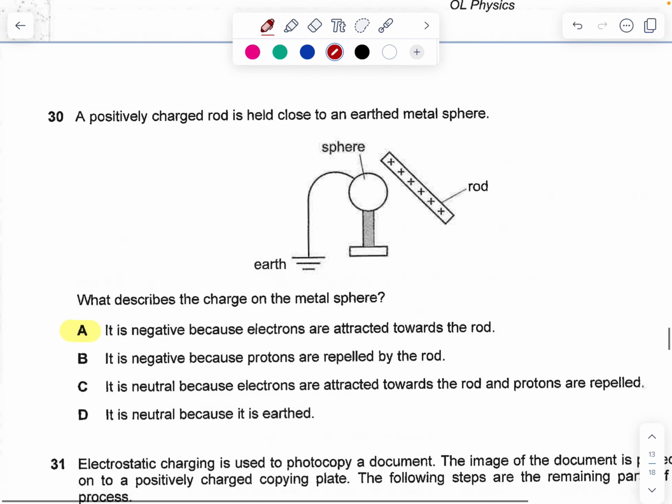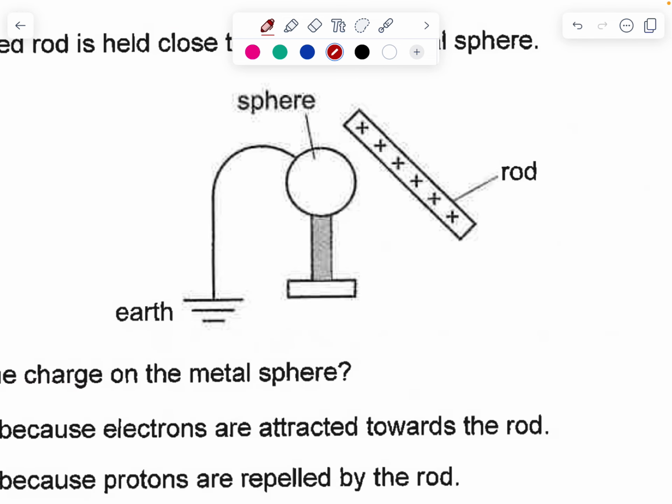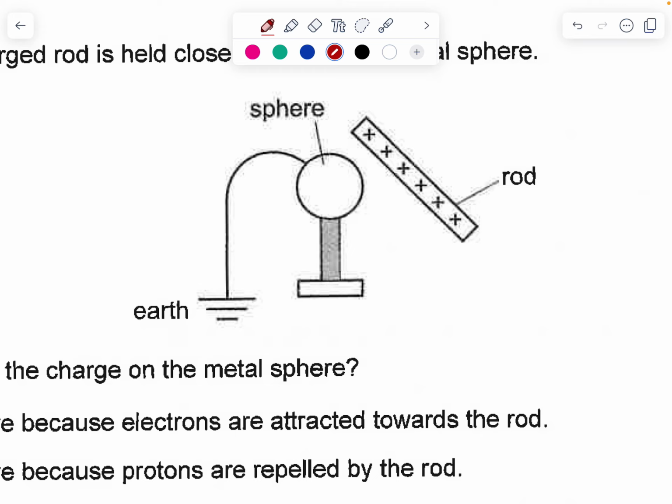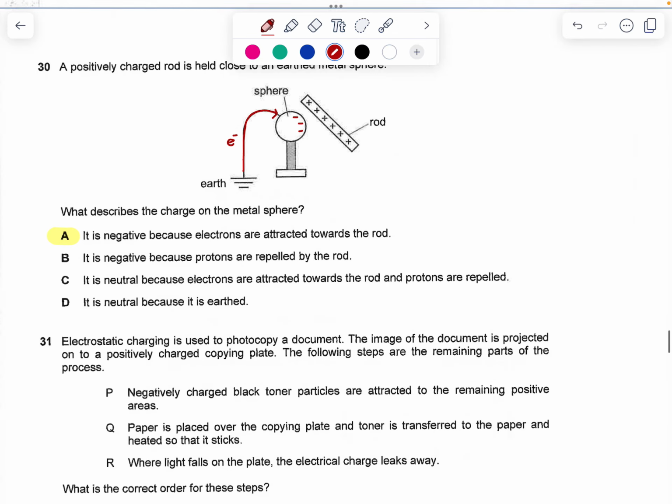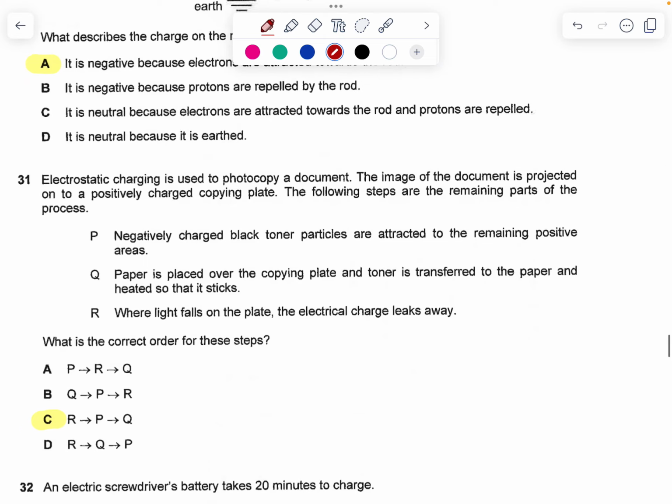Question 30. A positively charged rod is held close to an earthed metal sphere. Because the rod is positively charged, you will attract the electrons. So actually electrons travel from the Earth up into the sphere. Question 31.